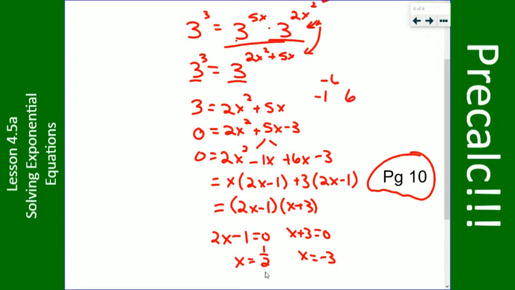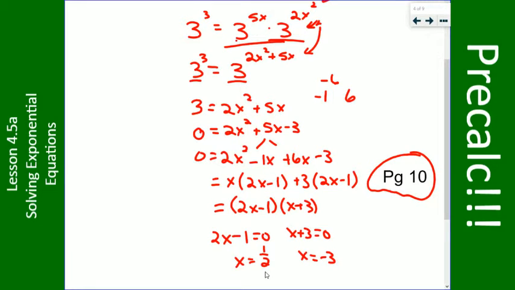Okay, so this is really putting together a lot of the stuff you've already been doing, a lot of the stuff you should be able to do. The exponent rules are not new, but the manipulation of them is, and trying to get our bases equal to one another, that's new.